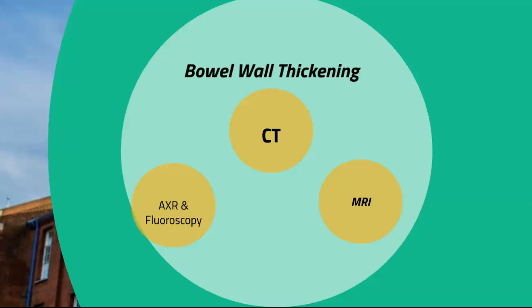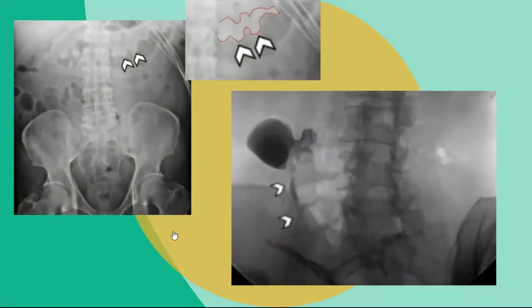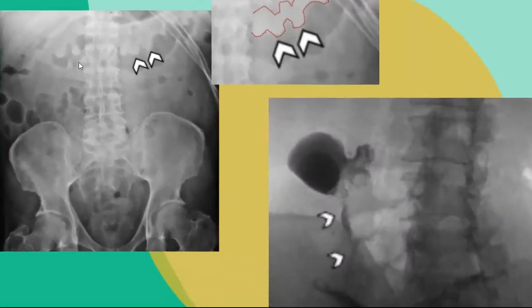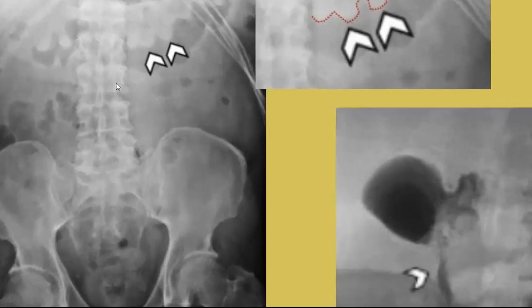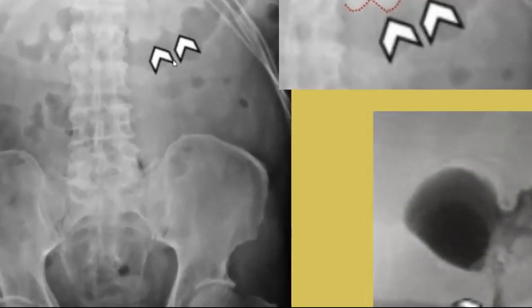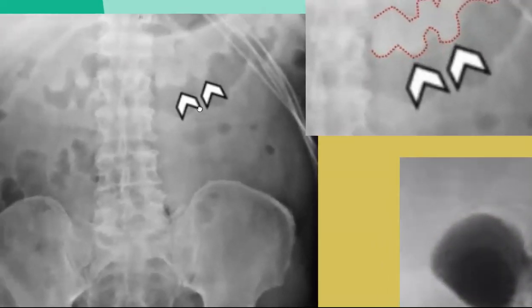We'll start by considering abdominal X-ray and fluoroscopy. Abdominal X-ray is suitable for critically ill patients who are too unstable to transport, but it is a blunt investigation because of poor resolution and superimposed structures. Here we see bowel wall thickening of the transverse colon.